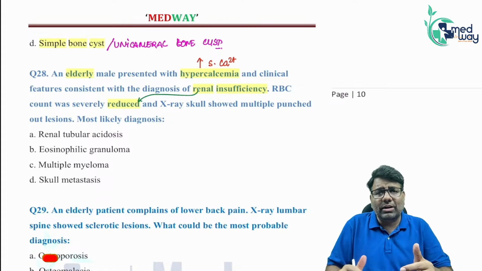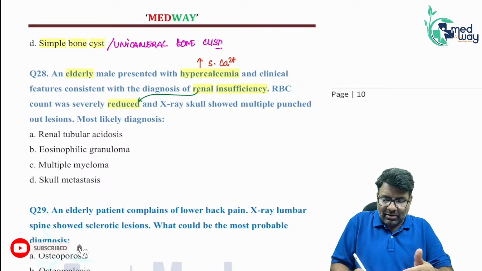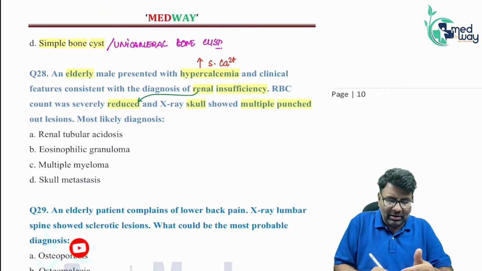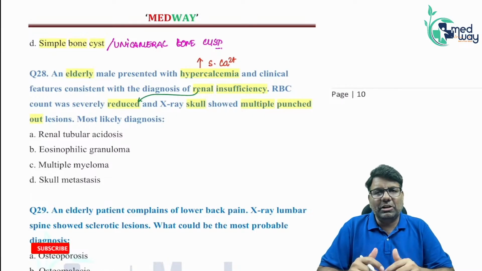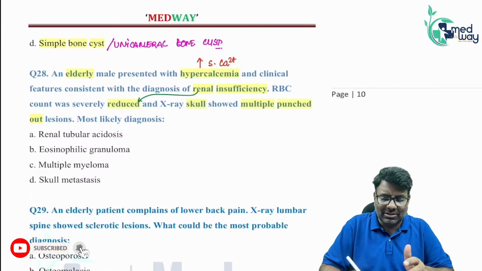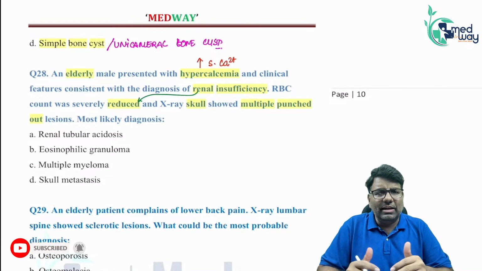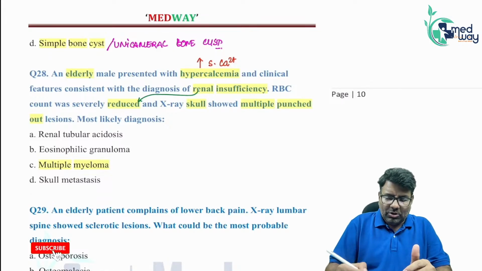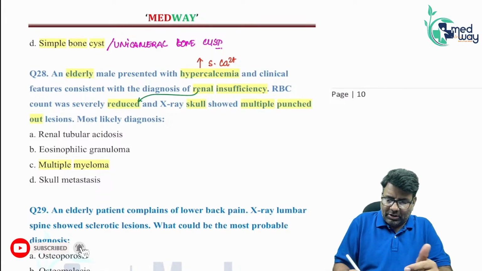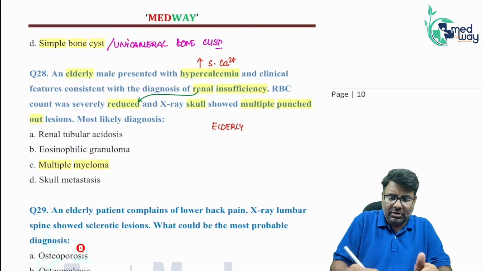But what is more important in this case history is that X-ray skull is showing multiple punched out lesions. So the moment you have this kind of word, multiple punched out lesions on a skull X-ray, even if you don't know anything else in the case history, straight away you can answer it as a case of multiple myeloma, right? So multiple myeloma, obviously the patient is an elderly person.